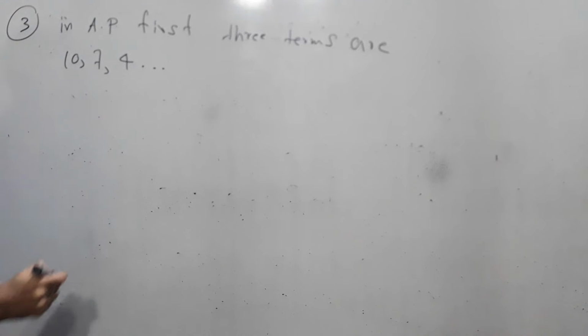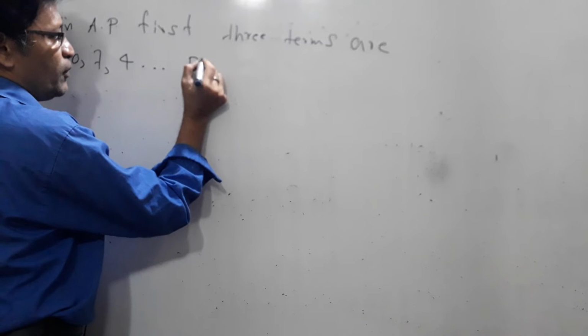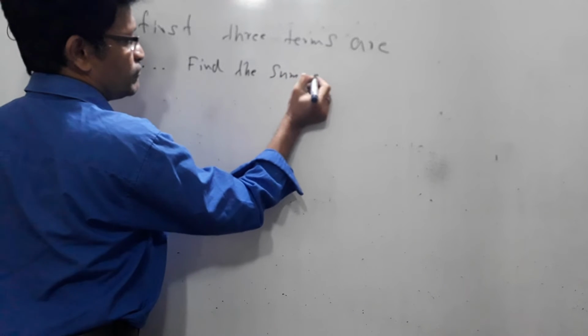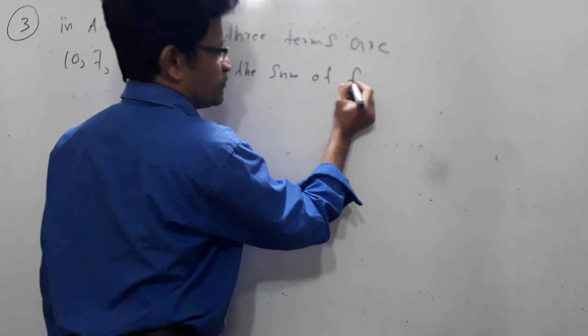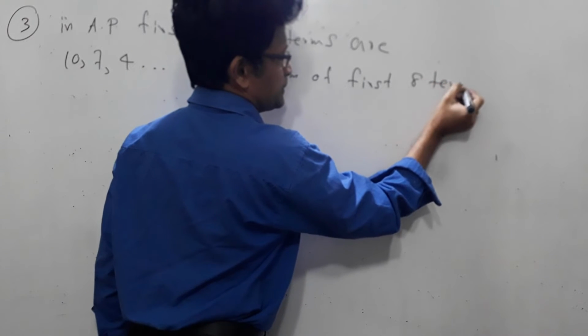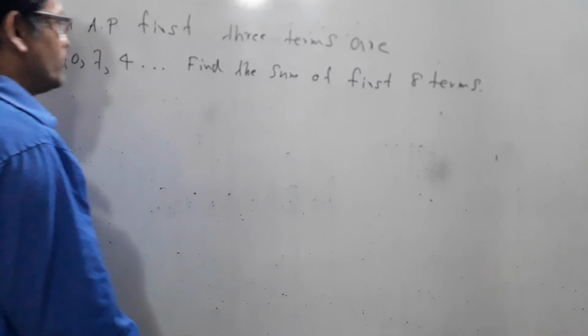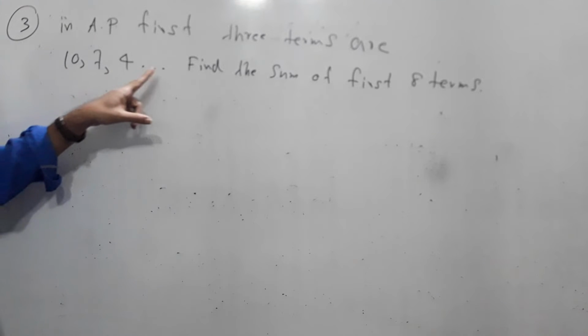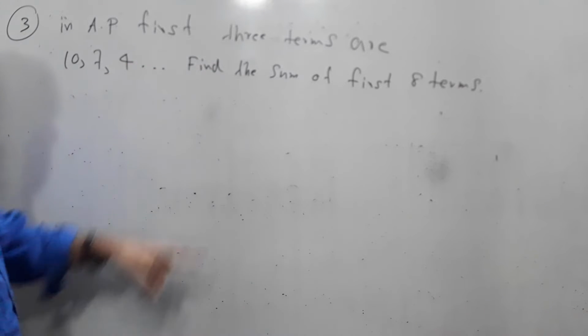They ask to find the sum of the first 8 terms. Here the terms are 10, 7, 4, but they say it is an arithmetic progression.